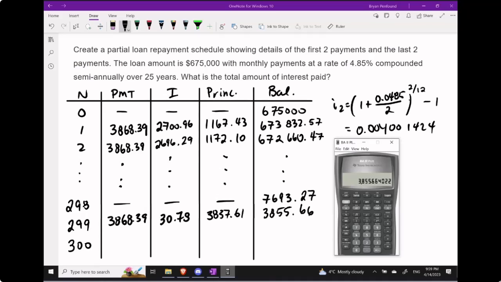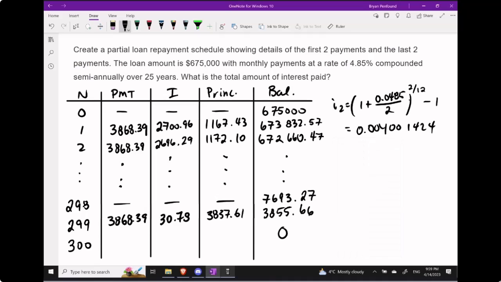Since this balance is less than the payment size, we know that the next payment here along row 300 should be the last one. So when we make this last payment, our balance should be 0, and we're actually going to be paying off the remaining principal of 3855.66.